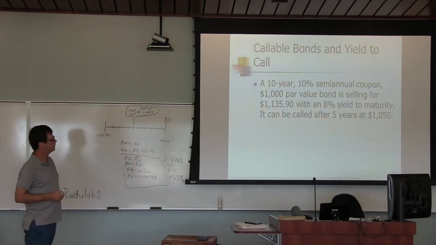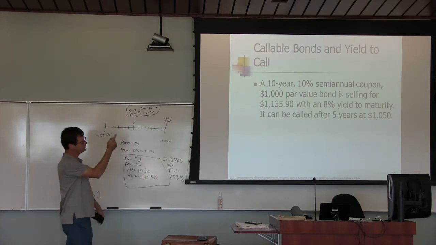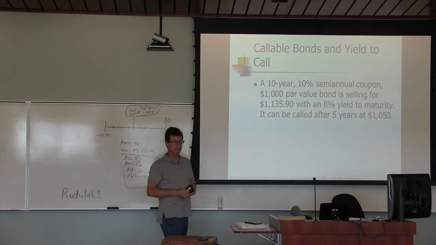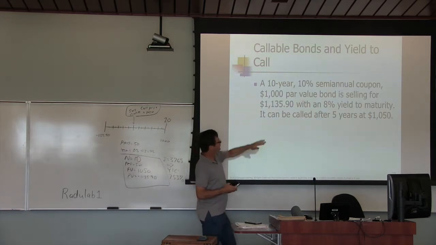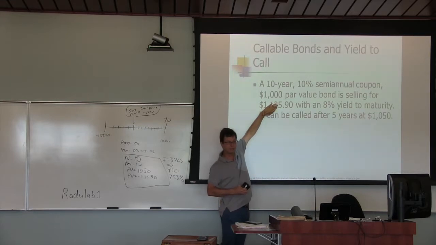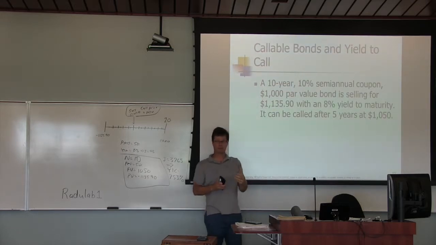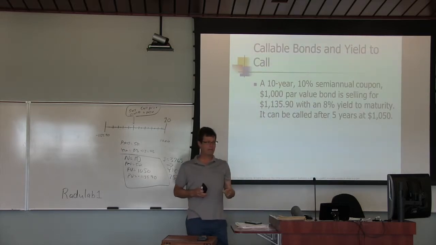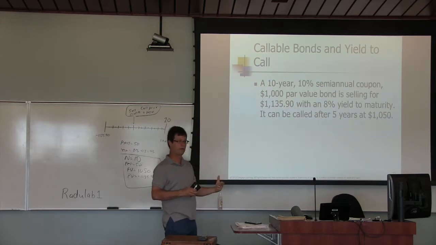Okay. So one of the things on this also is keep in mind, with the information that was given to you here, it could have been done without giving you the price originally. You should have been able to work this out all the way too. Right? Because it gave you enough information based on the yield to maturity that you could back out that price of $1135.90.